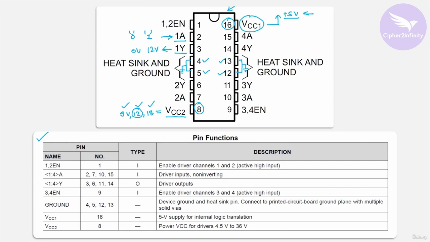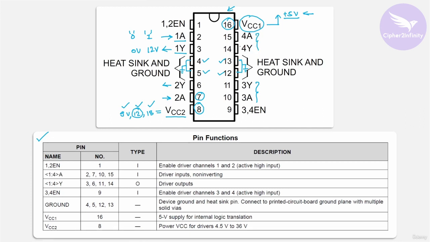Then this is the input and output of the second driver. So this is the input of the second driver, this is the input of the second driver, then this is the output of the second driver. So again, if you provide logic 1 here, then at this point you are going to get 12 volt. And if you provide logic 0, you will get 0 volt here. Okay. So likewise, this is the third driver, and then this is the fourth driver.